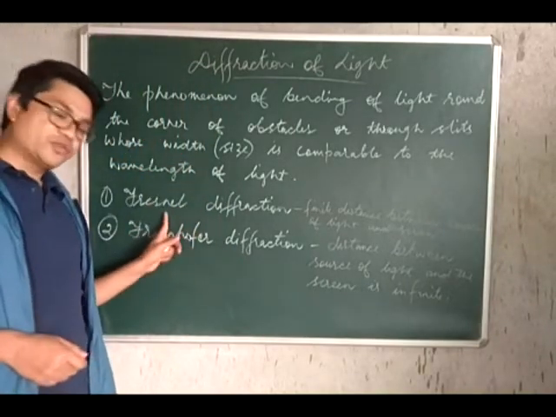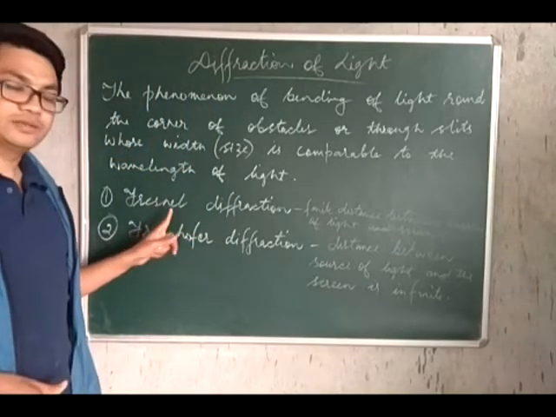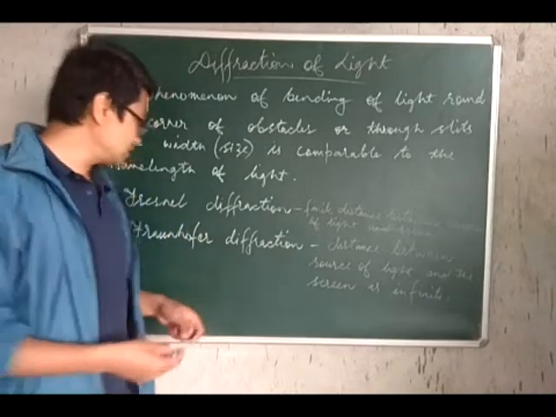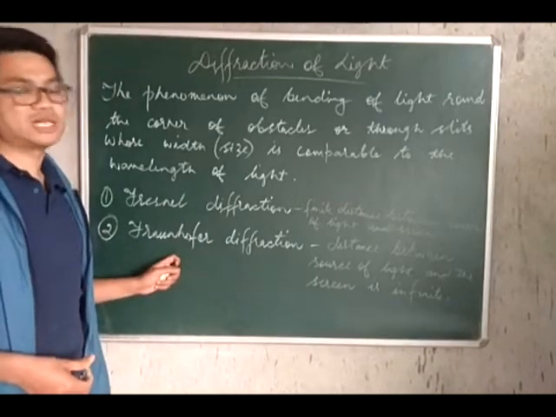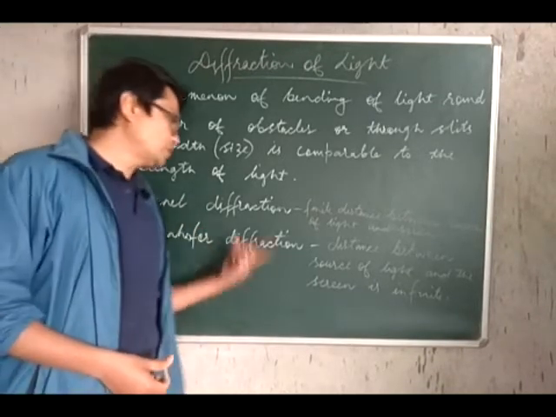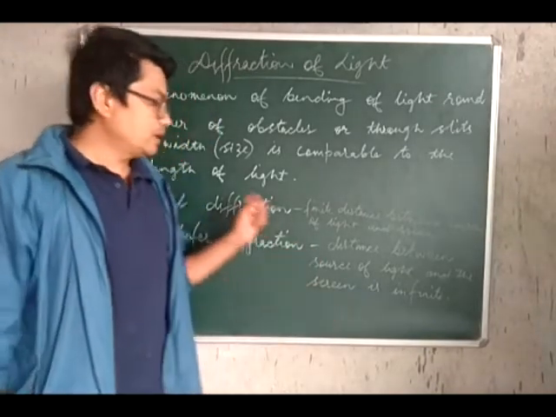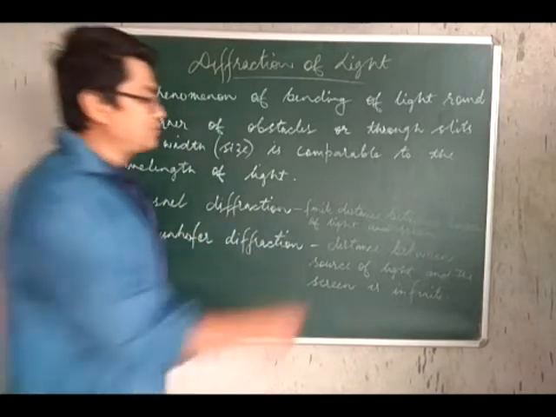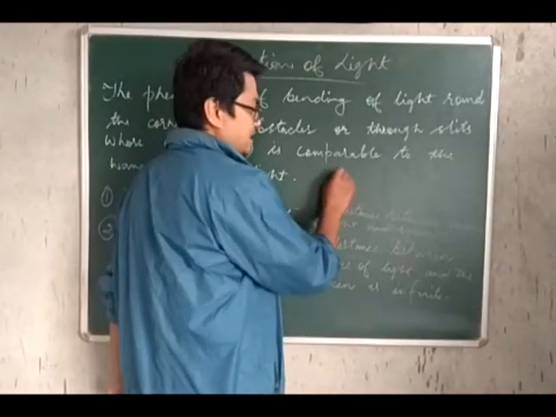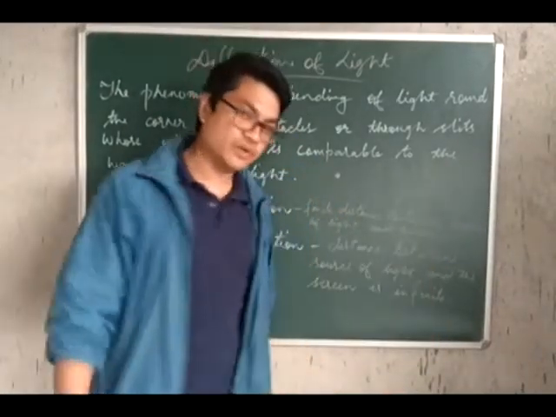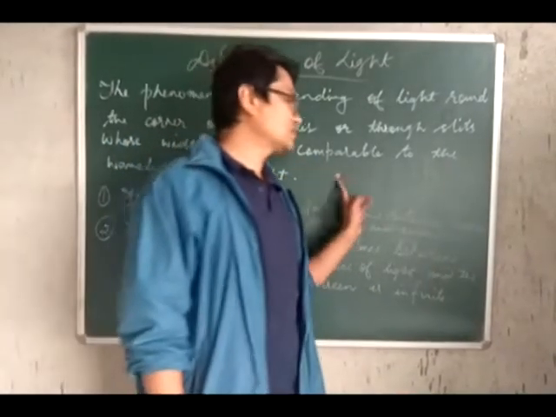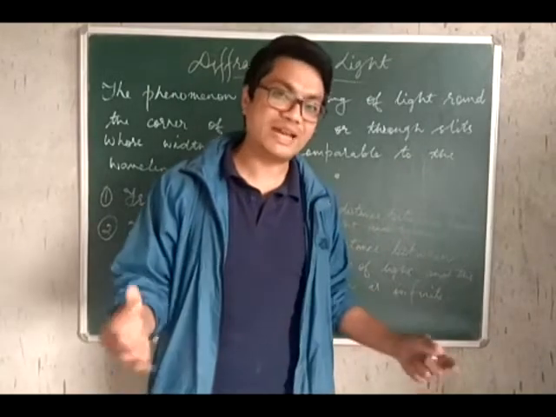One is called Fresnel. This is the name of a person. It's not read as Fresnel with a hard s. The other also is the name of a person, Fraunhofer diffraction. In Fresnel diffraction, we have a source of light and we have a screen, like in case of interference. The distance between the source of light and the screen is finite.